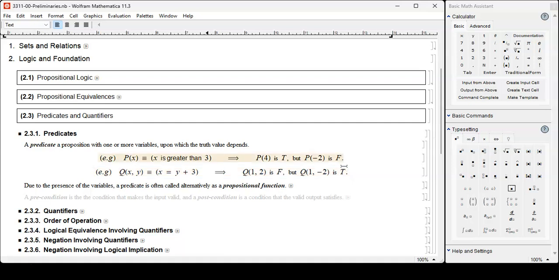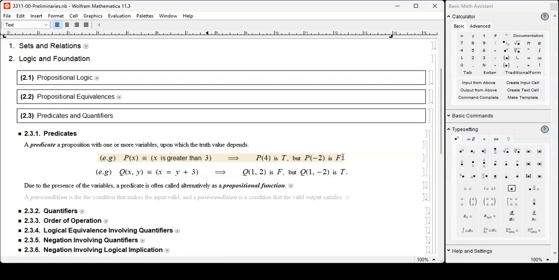So predicates work very much like a function. We have variable. So where is that variable coming from? We have to have a domain. And then the range of function values, that's rather trivial. We have true or false only. The domain is the important part. And in this case, x is greater than 3, so domain is probably some part of the real number, maybe the entire real number.